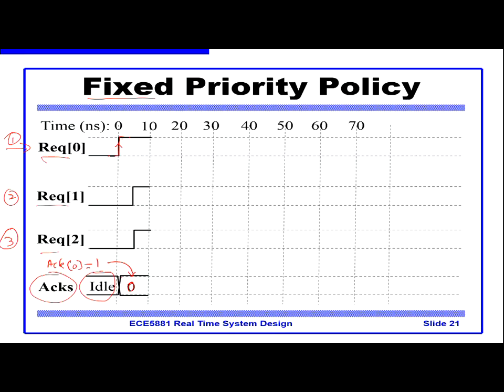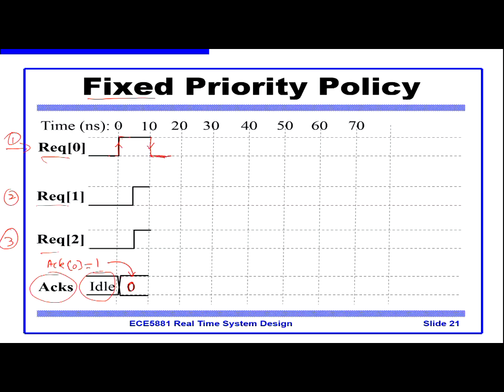So request 0 changes. Can you explain why that happens? Because we are processing one request for 10 nanoseconds. Correct. Okay, so we have a service time, as it's called, for 10 nanoseconds, so we drop the request once we have the resource for 10 nanoseconds. So that's what happens here.